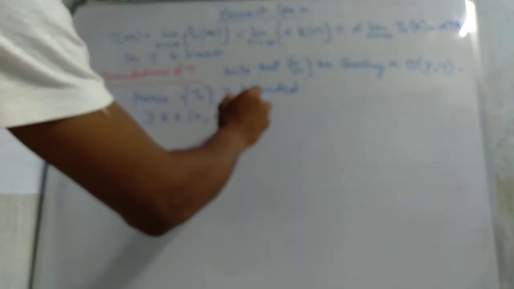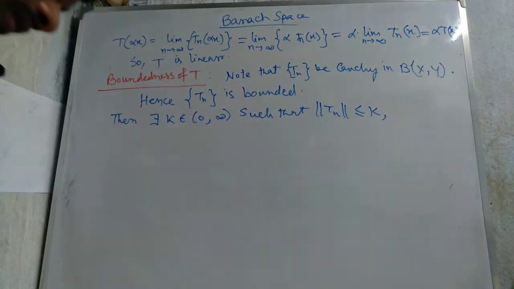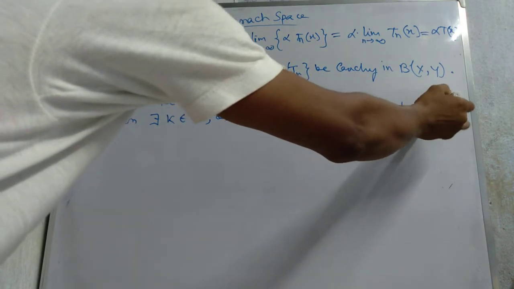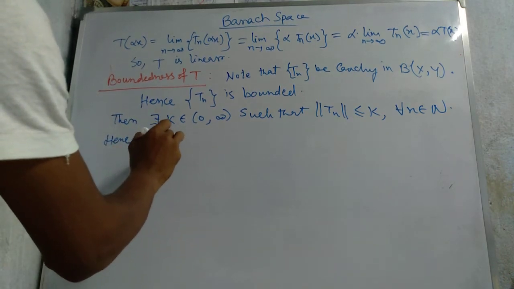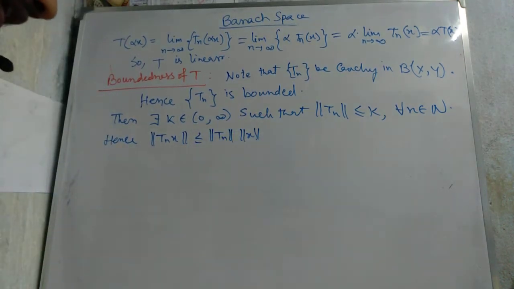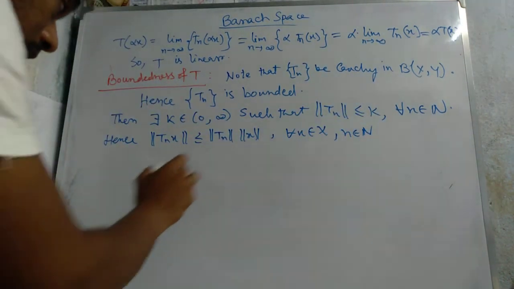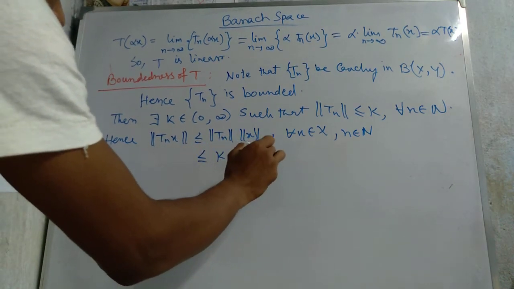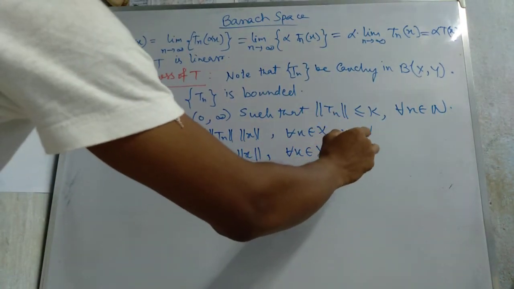Then there exists K in (0, infinity) such that the norm of Tn is less than or equal to K for all n belongs to N. Hence the norm of Tn x is less than or equal to the norm of Tn times the norm of x, which is less than or equal to K times the norm of x, for all x belongs to X and n belongs to N.